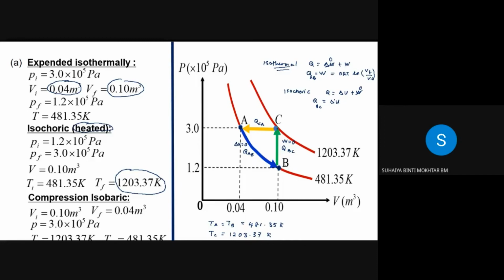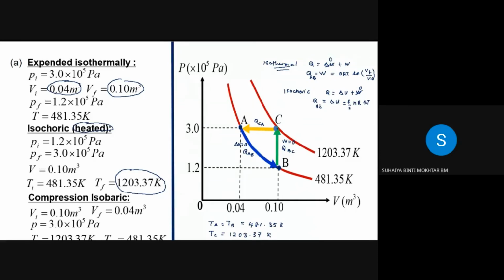So how to determine delta U? Use equation what? Delta U equals F betul R delta T, right? So T final is 1203.37 minus 481.35 Kelvin. So you can determine, and degree of freedom is 3, right? Mono at 3. So you can determine isochoric process for Q.